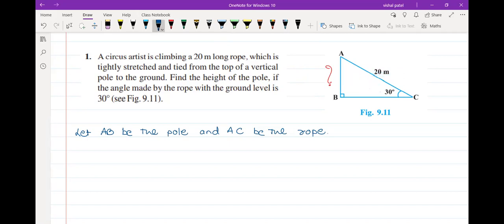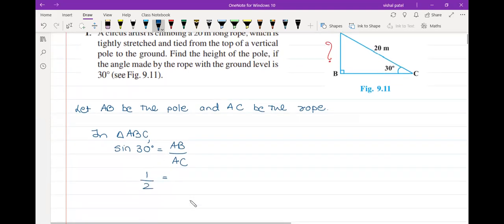Now see what I'm doing. In triangle ABC, sine 30, I'm writing the formula. Sine 30 is opposite upon hypotenuse. Sine 30 is half, so AB upon 20.